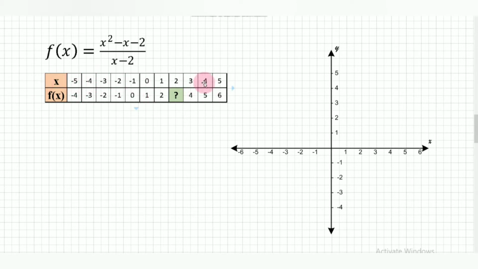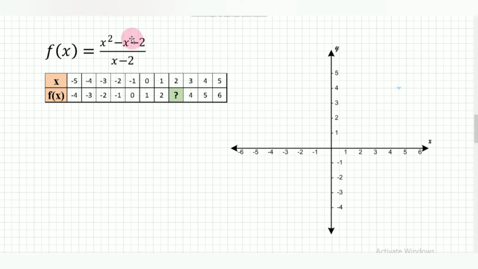When I substitute, for example, -5 into x in this equation, I find that f(-5) equals -4, and so on. I put in -4, I get -3, and I have these pairs. But if we use 2 as x, we have a special condition: the numerator equals 0 and the denominator also equals 0.